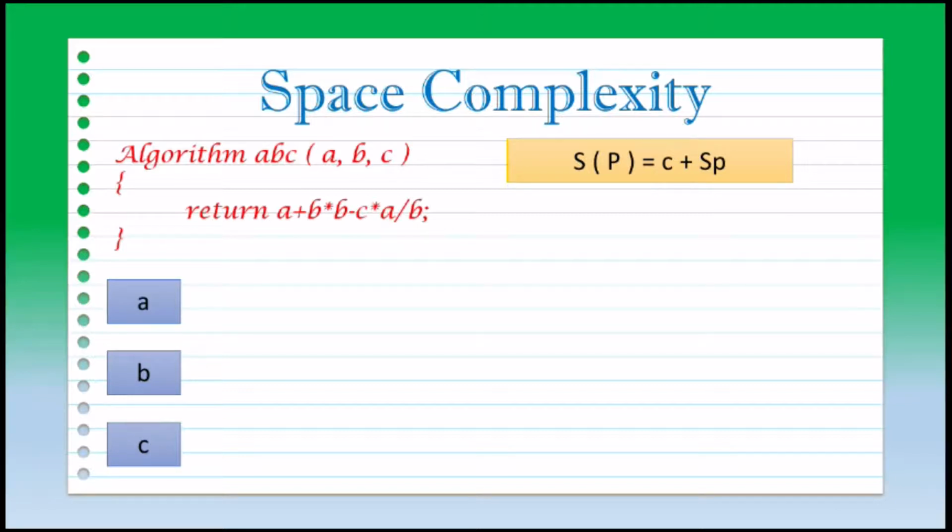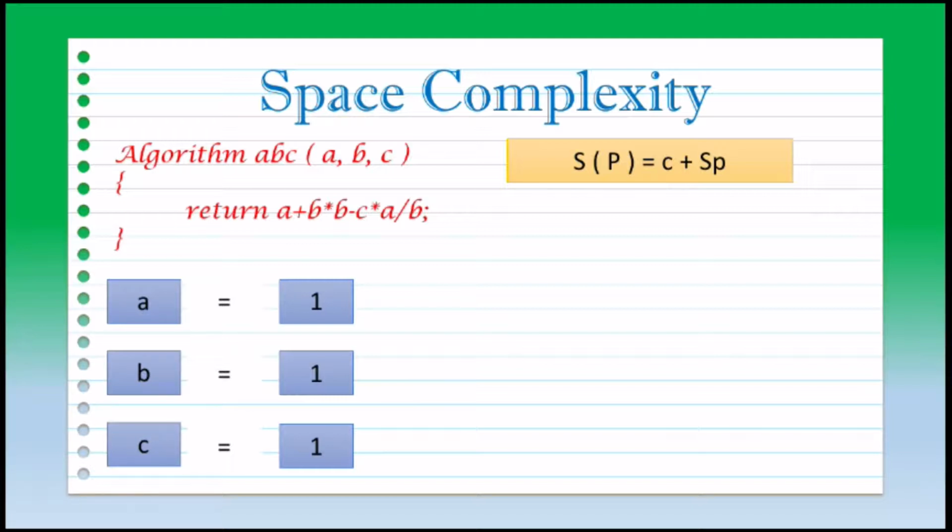A takes one word, B takes one word and C also takes one word, and there is no variable whose size may change depending on input.